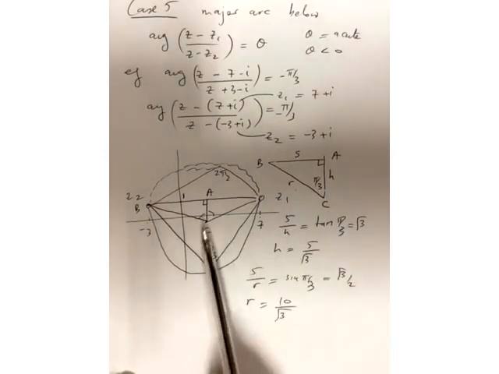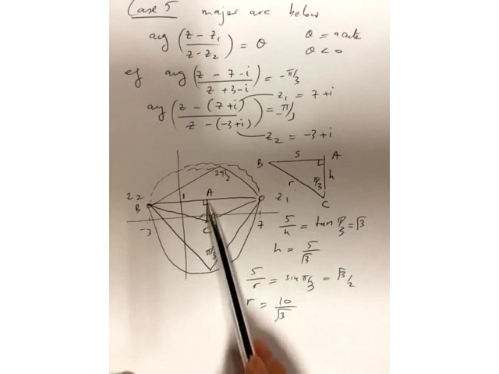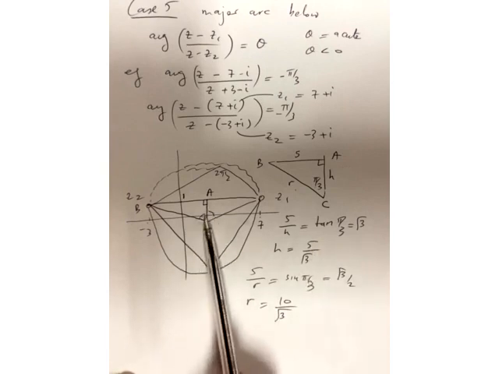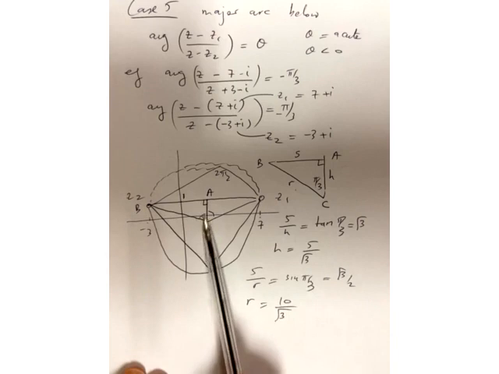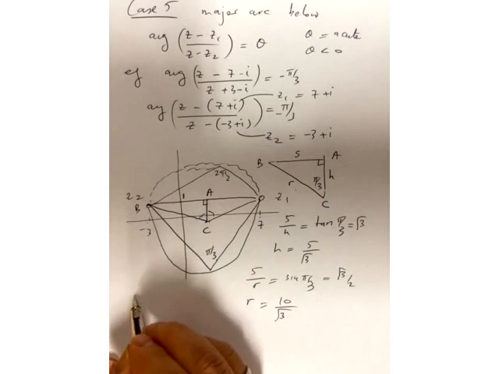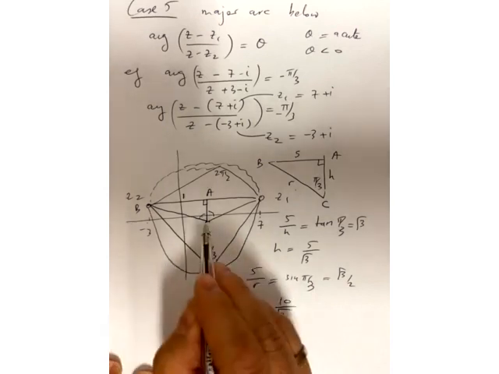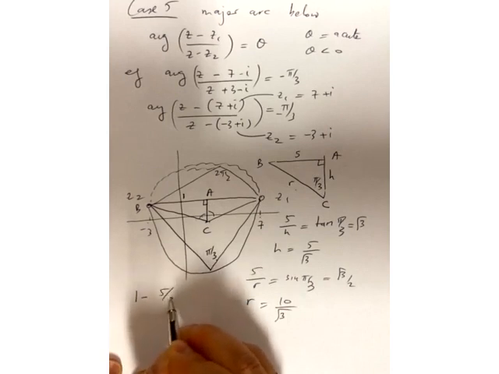Now let's see if this point here is below the x-axis. Well, the height h here is 5 on root 3, and the height of A from the x-axis is 1. Now that's more than 1, so this point must be below the x-axis. In fact, the y value of it is 1 minus 5 on root 3.